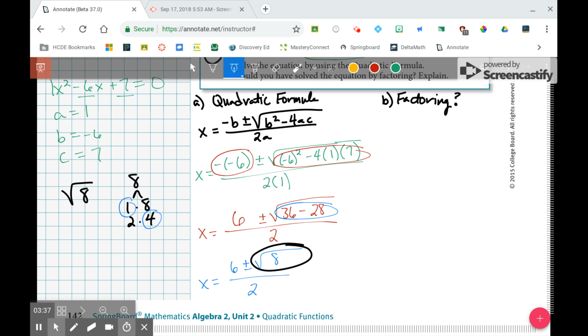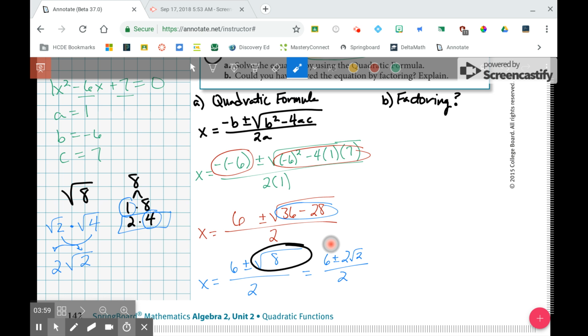So 4 is obviously larger, so let's use the factor involving 4. So the square root of 8 is square root of 2 times square root of 4. Well, square root of 4, that's 2. Square root of 2 is just square root of 2. So right here, I can rewrite this as 6 plus or minus 2 square root of 2 all over 2.